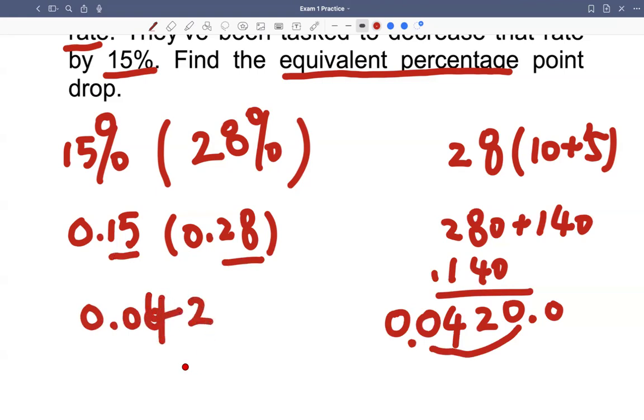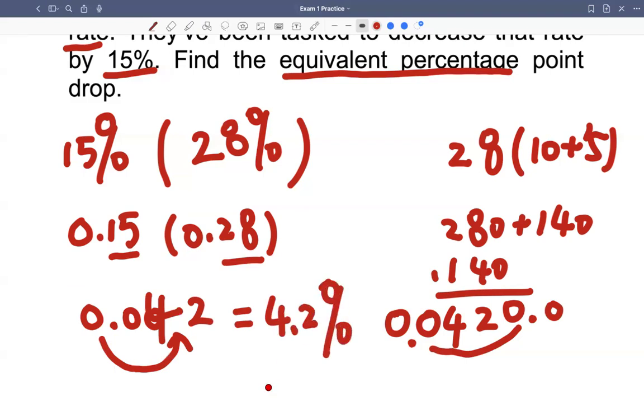Then I convert this into a percentage. How do I convert this into a percentage? I move the decimal to the right 2 places. That's 4.2%. So that's the equivalent percentage, equivalent to decreasing 28% by 15%.